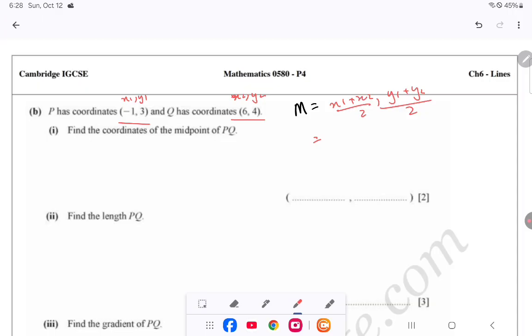Again, x1 is -1 plus x2 is 6 over 2, y1 is 3 and y2 is 4 over 2. Solve it further. 5 over 2, 7 over 2. So this is our midpoint of PQ, 5 over 2 and 7 over 2. It will become 2.5 and 3.5.